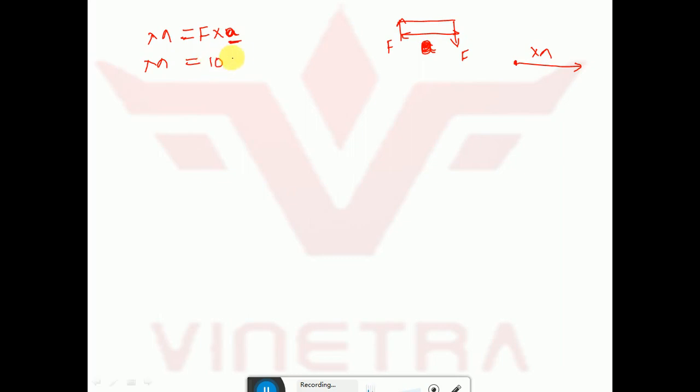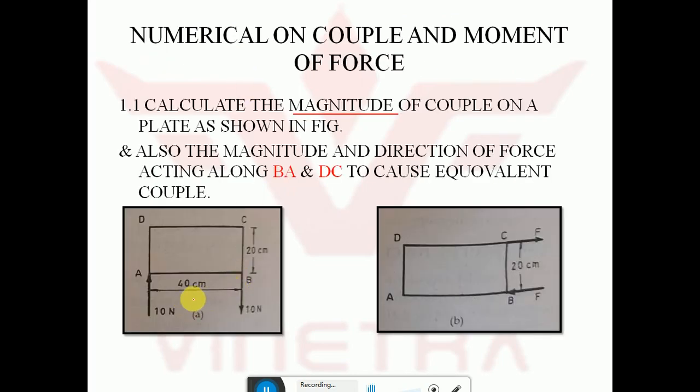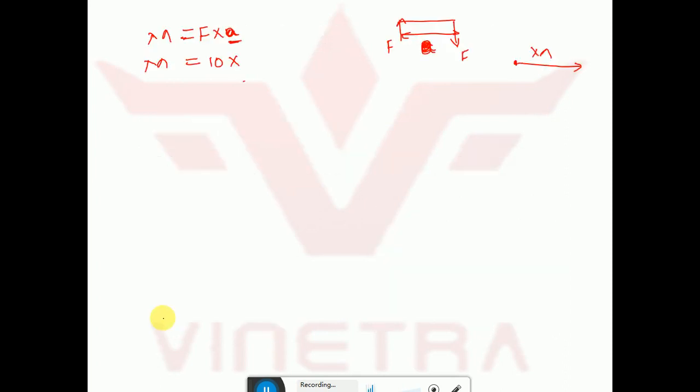The force is 10 Newton and what is the perpendicular distance? See here, 40 centimeter is the perpendicular distance and 10 Newton is the force. So 10 into 40, 400 Newton centimeter is the moment of the couple. That is the magnitude of moment of the couple.